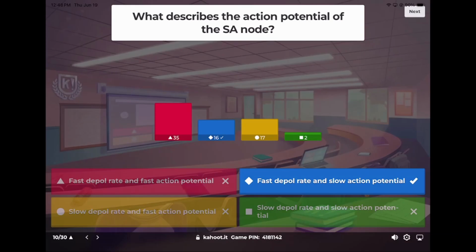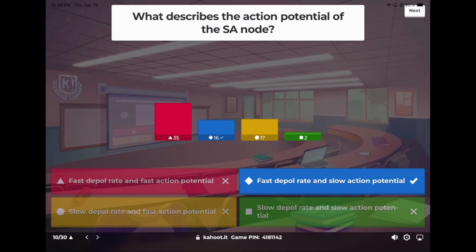The second part is the speed of the action potential. Remember the SA node, these autorhythmic cells, what kind of wave did they make? Was it straight up and down, or was it more like a sine wave almost? Sine wave. I don't think I can draw on top of this. The QRS complex, where the ventricular myocyte depolarizes, goes straight up and right back down. That's a fast action potential. It got all the way to the top instantaneously. The SA node takes a little bit of time to get to the top of the action potential.